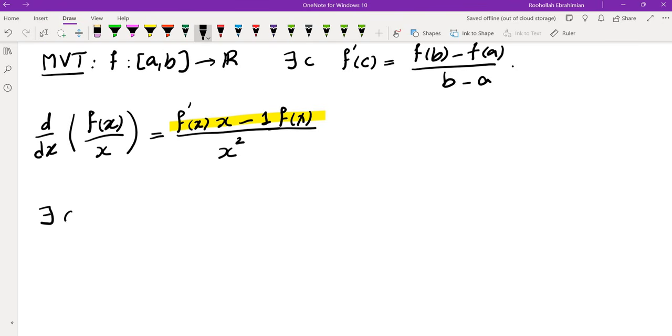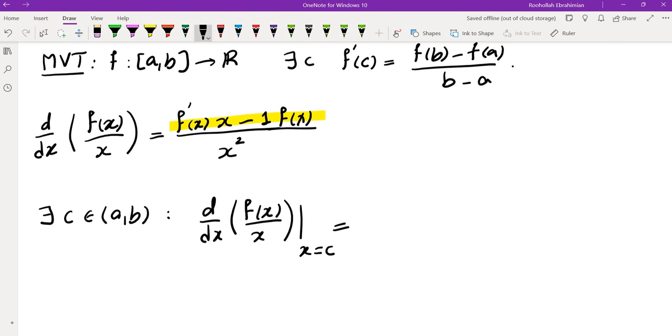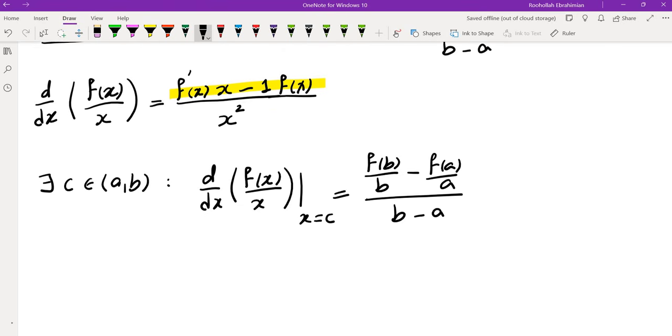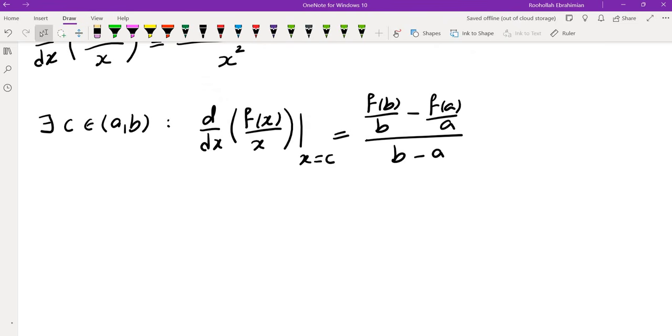So we have some c between a and b such that the derivative of f of x over x at x equals c is equal to f of b over b minus f of a over a, over b minus a. So let's see what we get on that side.